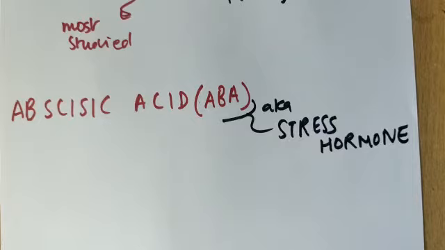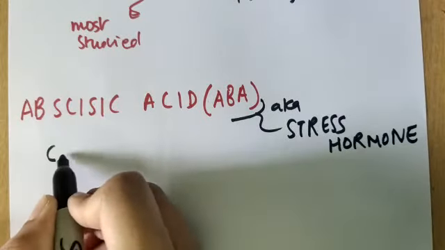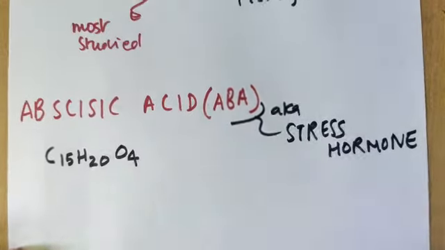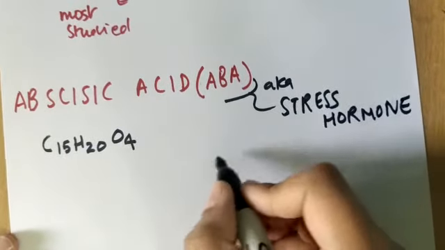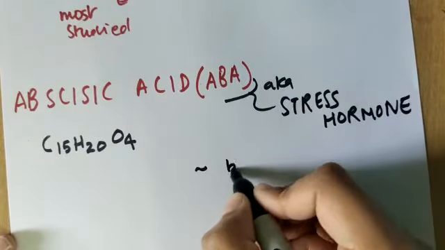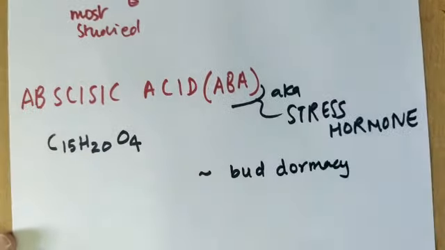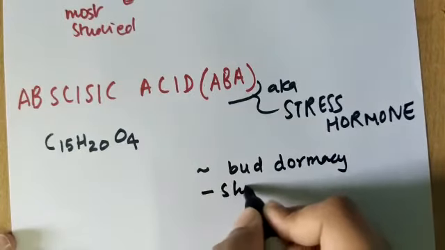So it helps the seed to tolerate the stress. The formula of abscisic acid is C15H20O4. Its functions are bud dormancy and it inhibits shoot growth.